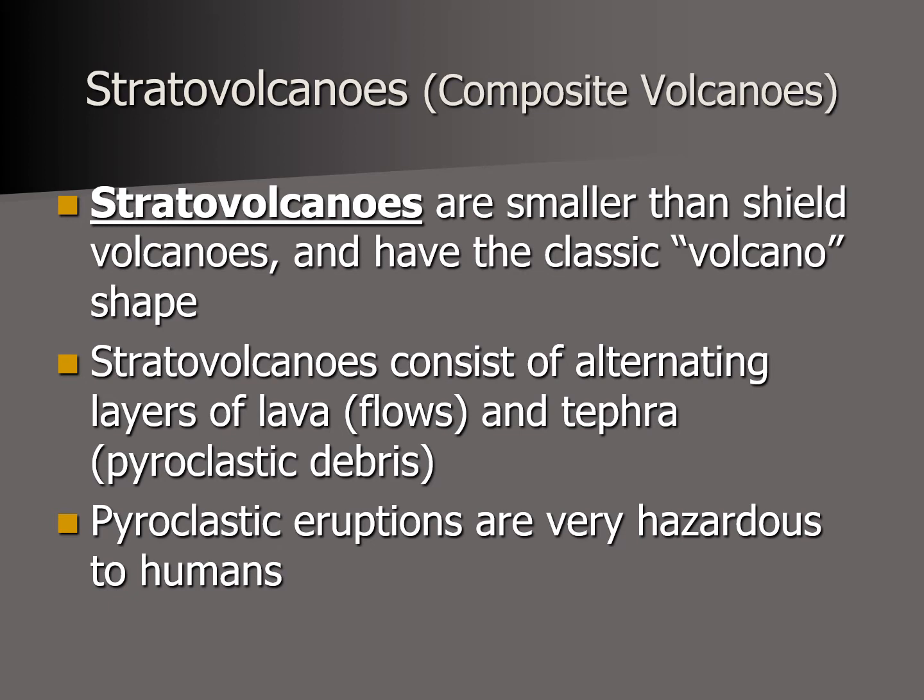Sometimes we refer to pyroclastic debris as tephra, unconsolidated pyroclastic debris. And yes, these pyroclastic eruptions are very hazardous to humans. So for stratovolcanoes, if they are active or even dormant, scientists need to keep an eye on that volcano, and we need to try and predict when it's going to erupt, because the only way you can save lives is to get people out of the way first.